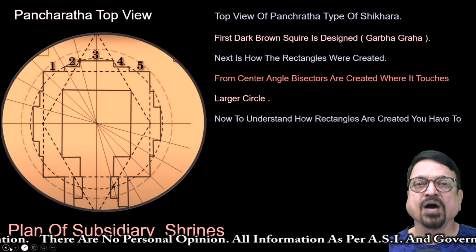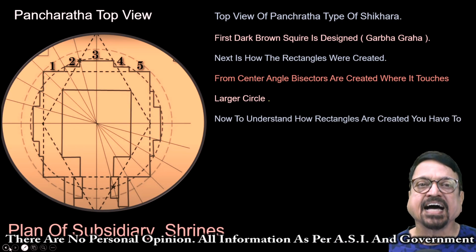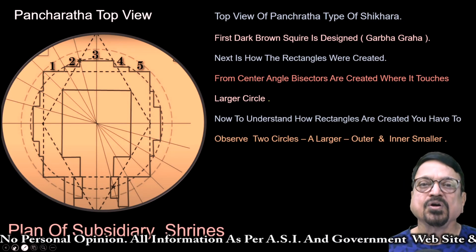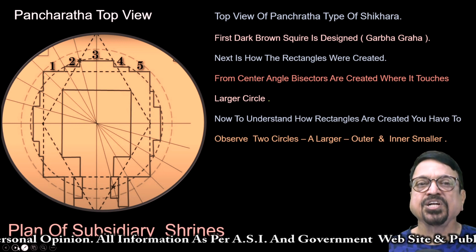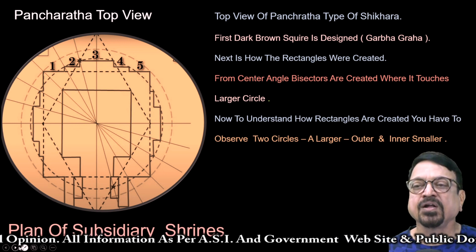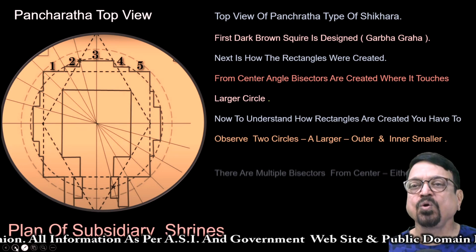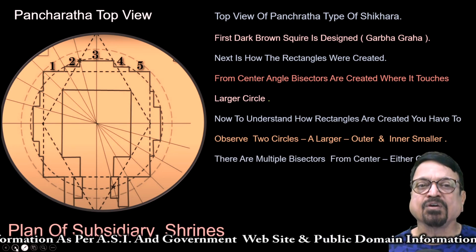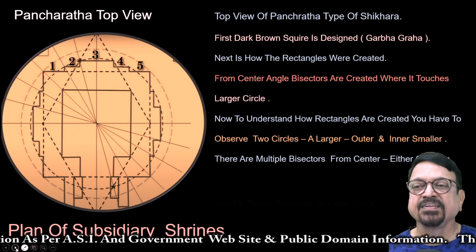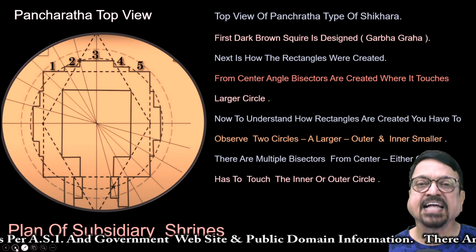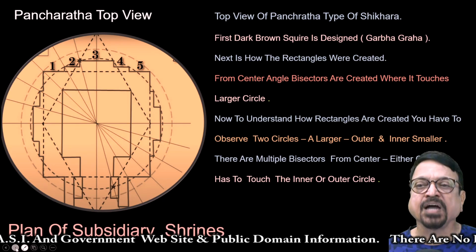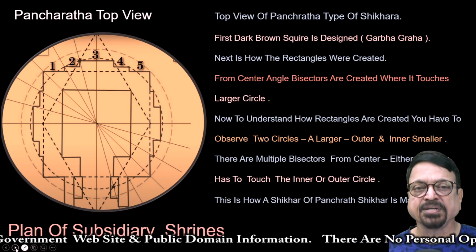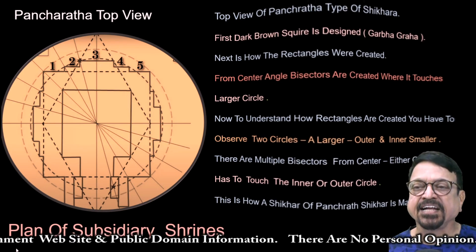To understand how the rectangles are created, you have to observe two circles, a larger outer and a smaller inner one. There are multiple bisectors from the center on either side. These have to touch the inner or the outer circles. This is how a shikhara of Pancharatha is created.